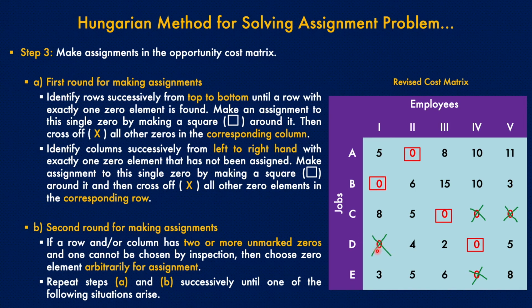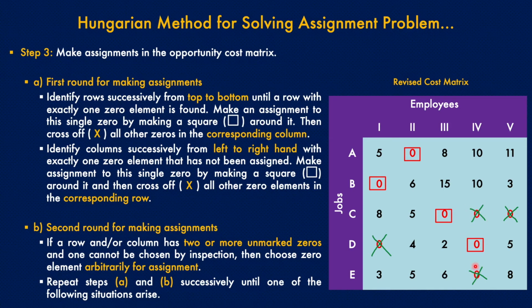So we have only one zero element here. So assign it like this. Immediately after assigning this, you check in this particular column. Is there any other zero element? Yeah, we have one zero element here and we have one zero element here. So you cross both. So we have crossed off these two zero elements.